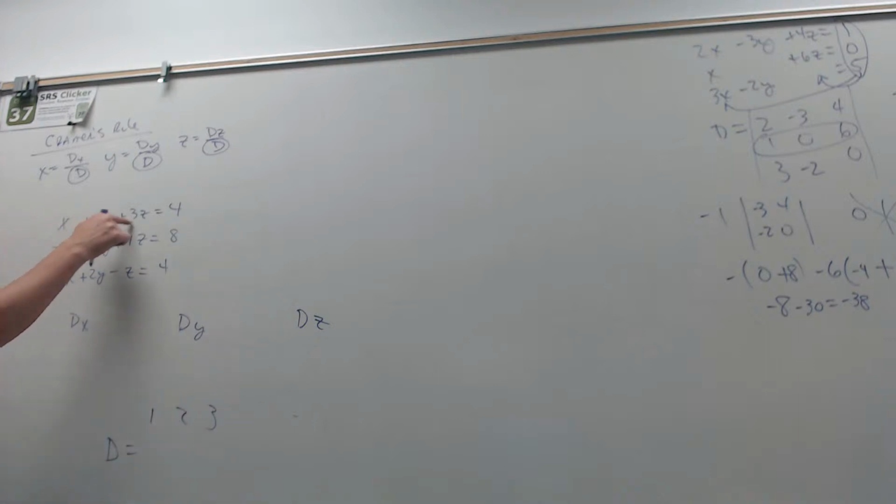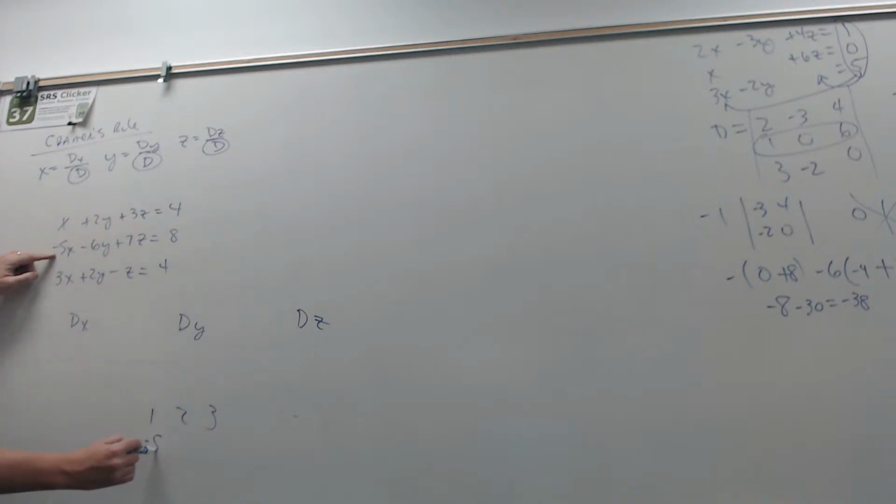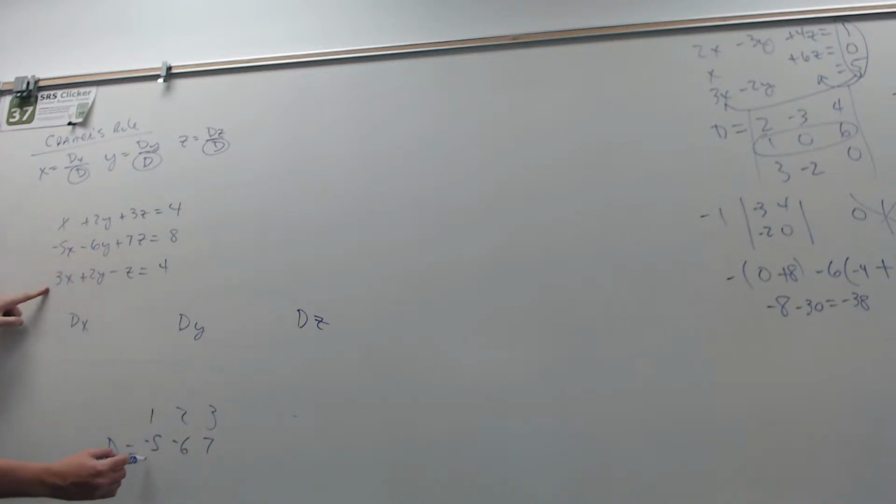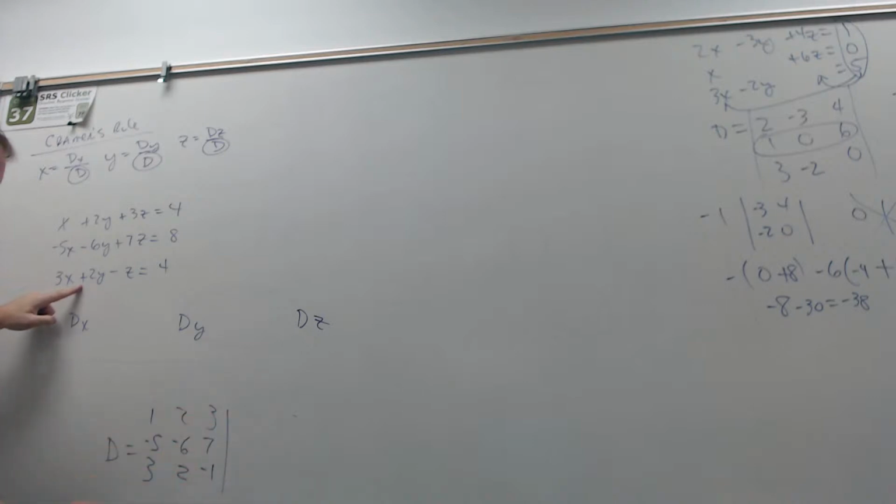It's just the coefficients of these. Yep, -5, -6, 7, 3, 2, -1. Okay? Does that make sense? Yes. Does it make sense, Christian? Yeah. Is there anybody else who's lost?